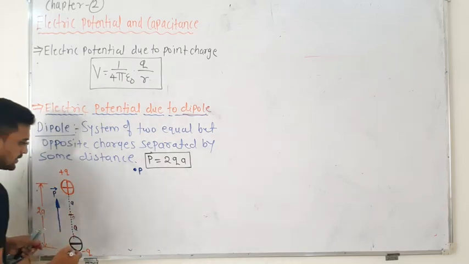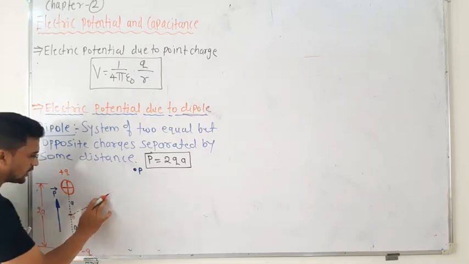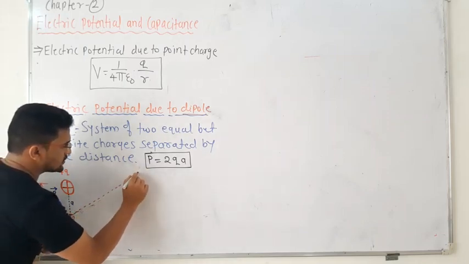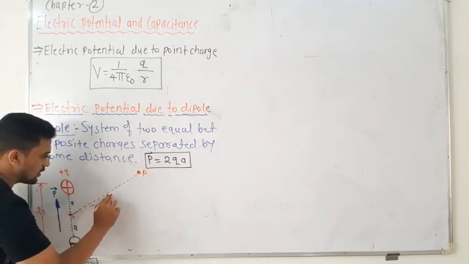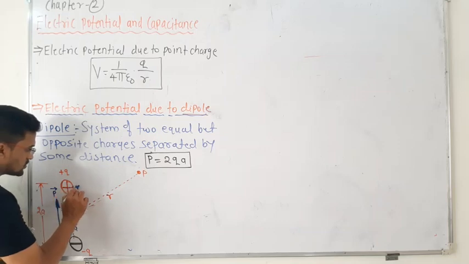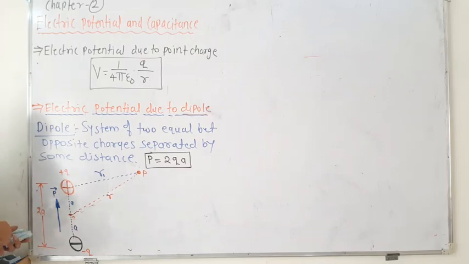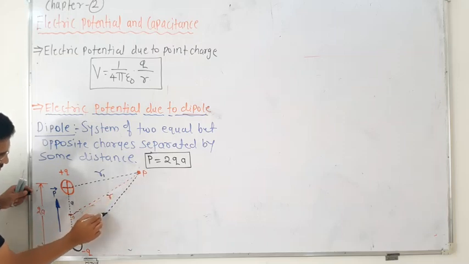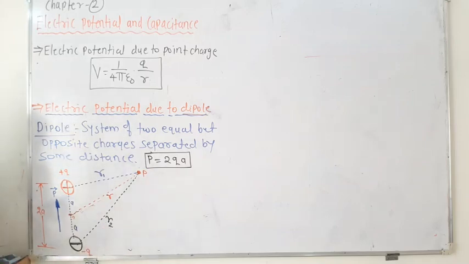This point P is located at a distance of r from the center of the dipole. It is located at a distance of r1 from the positive charge, and at a distance of r2 from the negative charge.